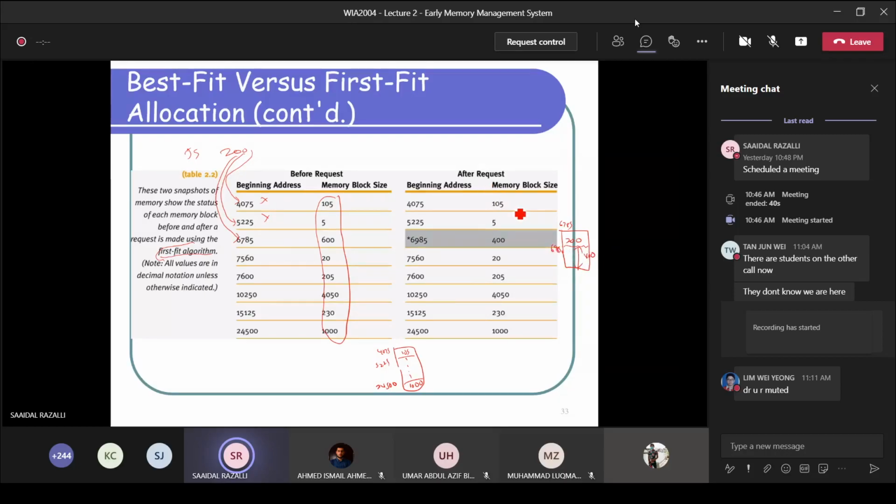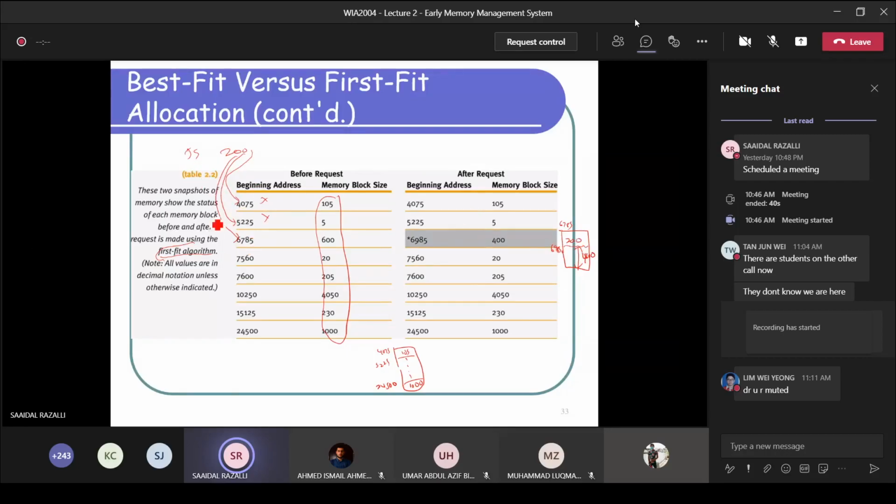Okay, after request, the memory block size, this is the status of each memory before and after the request is made using the first fit algorithm. So you have 400 kilobytes of free space because you only use 200 memory size of 200.